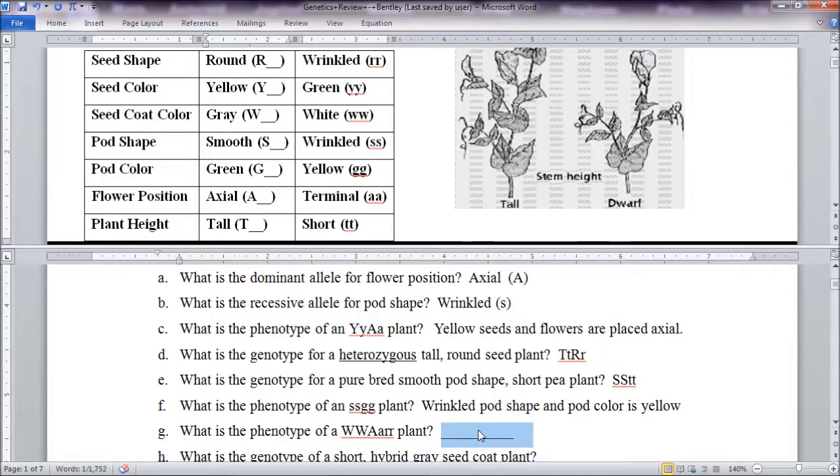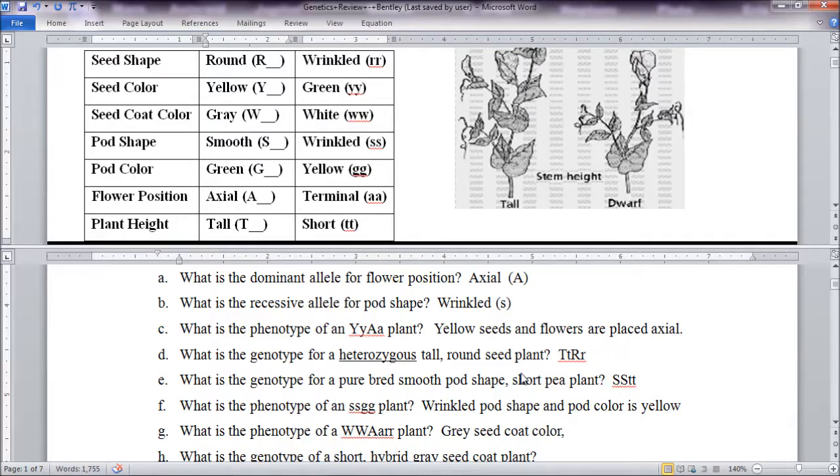What is the phenotype of capital W, capital A, little r, little r? So capital W refers to the gray seed coat color. So remember, our phenotype is our physical type. So it has gray seed coats.